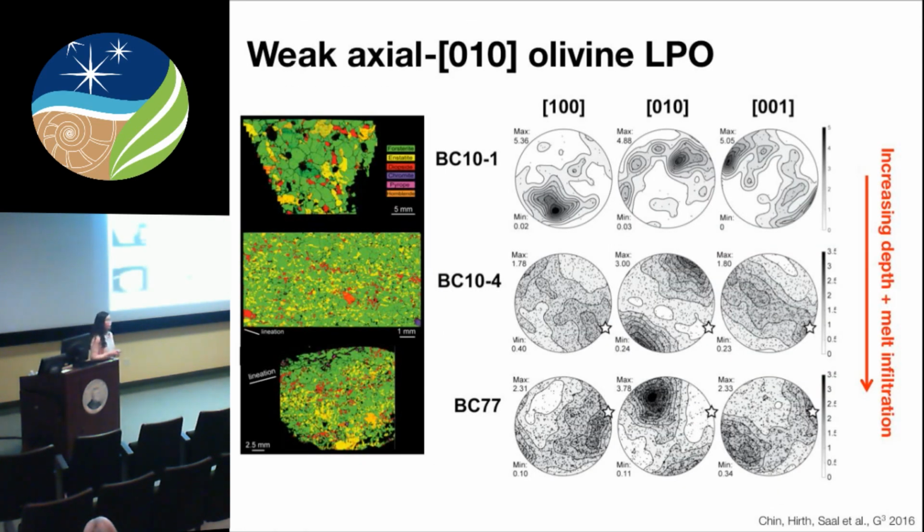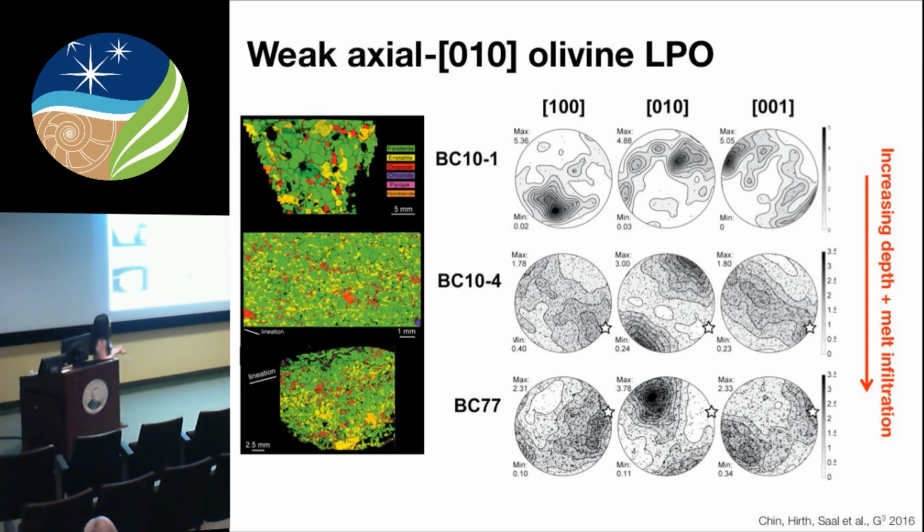So when I was at Brown, I worked with Greg Hirth, who does a lot of microstructural studies on peridotites, and we wanted to also look at the fabrics of these peridotites and see whether we could tease out the compositional history and the deformational history.